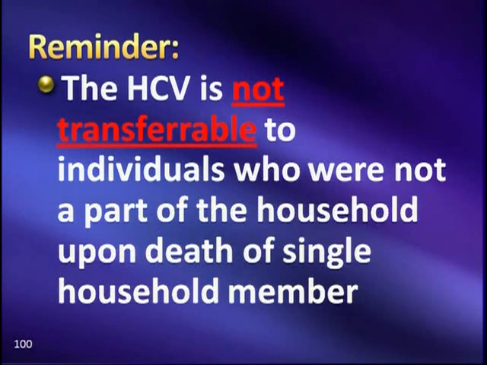Newsflash, and this is particularly on the Housing Choice Voucher Program. For you folks that are new and you might not have all the training yet, understand this: the Housing Choice Voucher is not transferable. Individuals who were not a part of the household at the time of the family member's death, or perhaps you had a situation where the head of household was in the process of adding somebody, that's okay to add them.